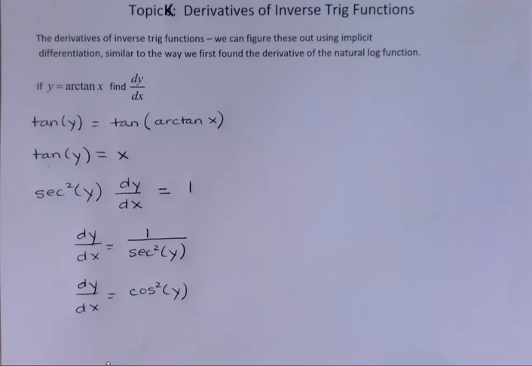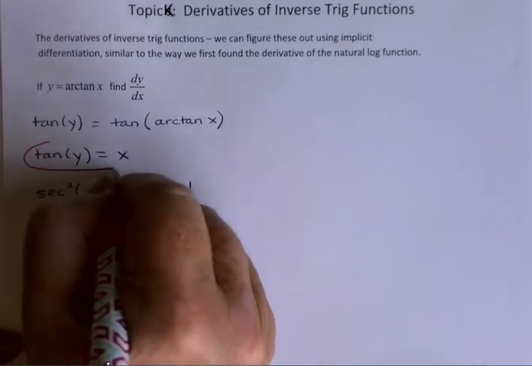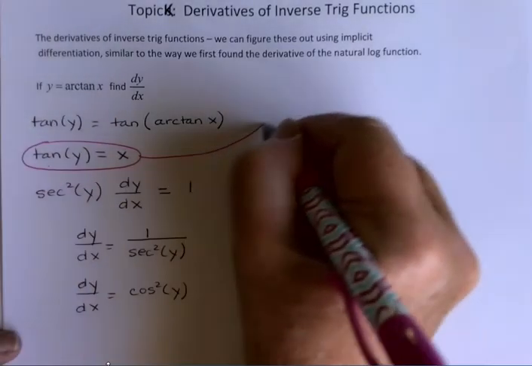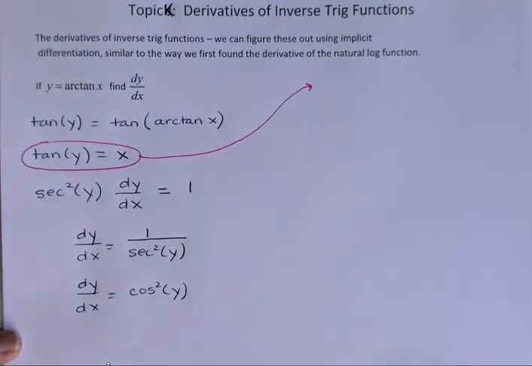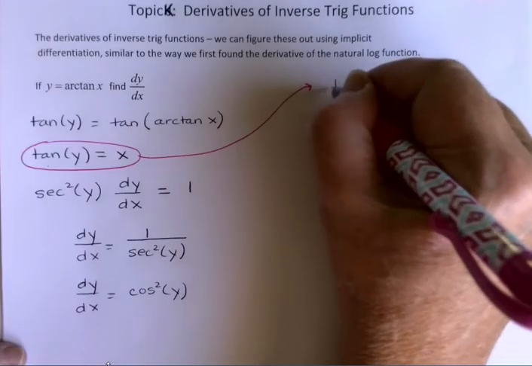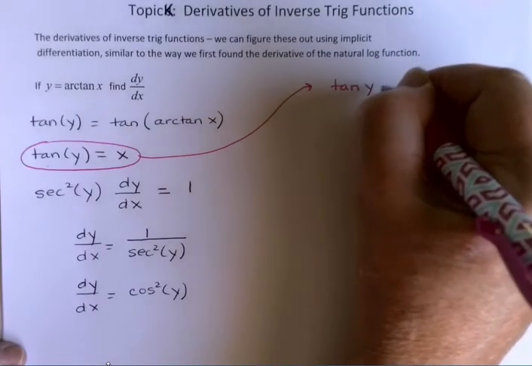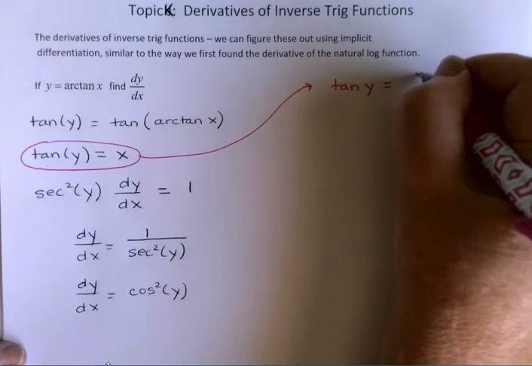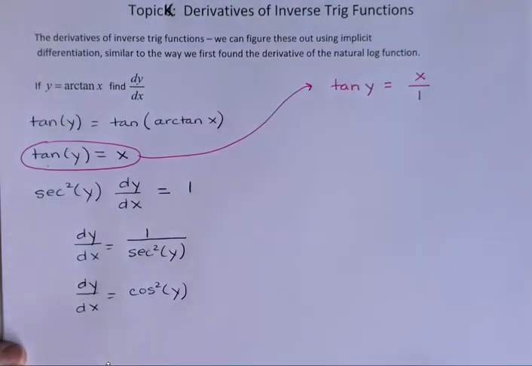All right, that's great, except originally we had an explicit function, so I'd really love to have this derivative not have a y in it. In order to fix that, what I'm going to have to do is use a little bit of right triangle trigonometry. Take a look at this statement right here, and let's draw a triangle for it. Think tangent y is, and I'm going to write it as x over 1.